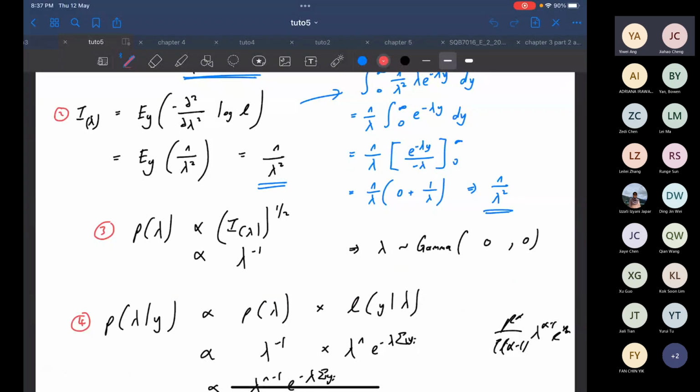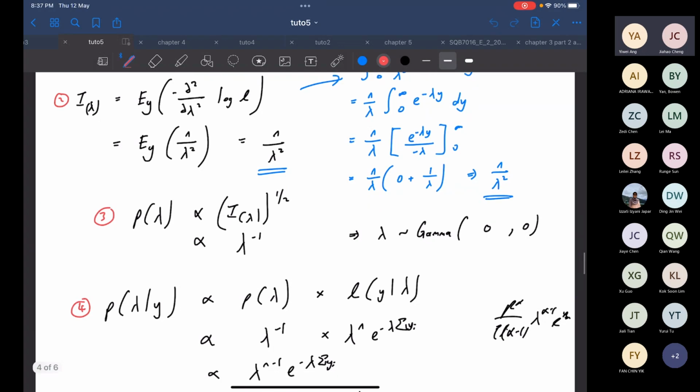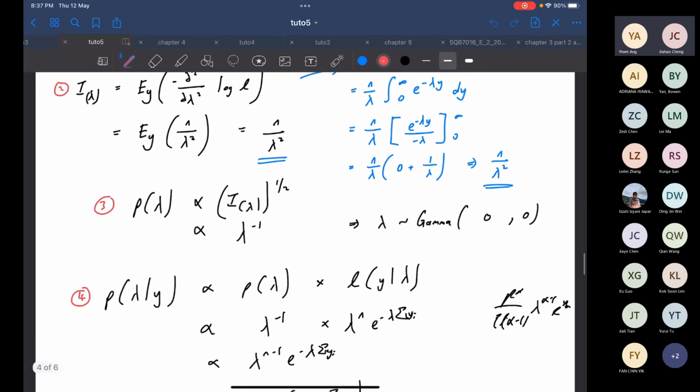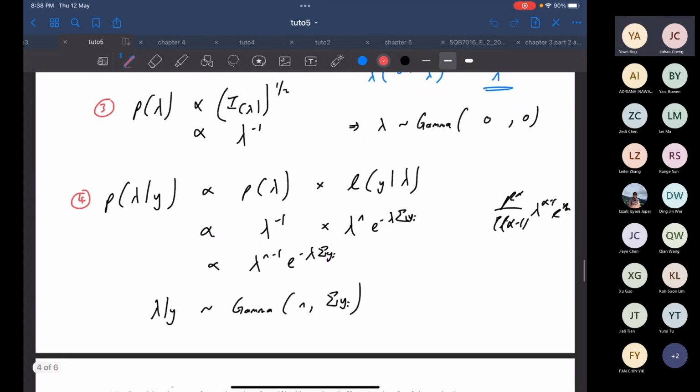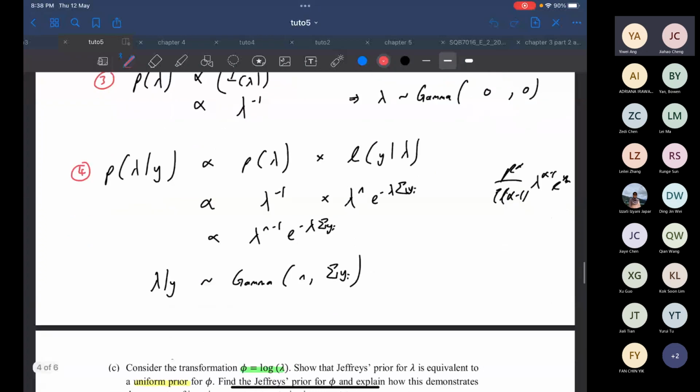So it will be proportional to lambda to the power of -1. So from this we can see it belongs to the gamma 0 distribution. So afterwards we just compute the posterior distribution, which is gamma n and sum of y distributed.